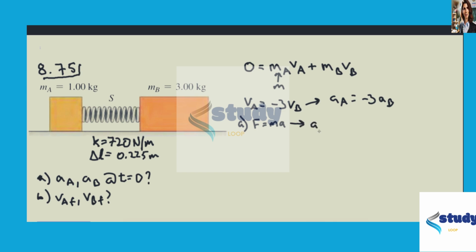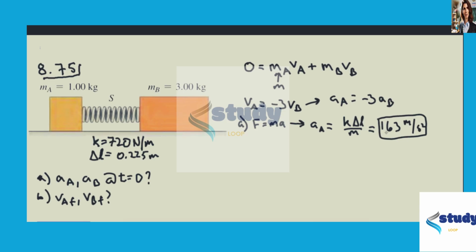So then the acceleration of A is going to be K times delta L divided by M, which remember this is 1 kilogram. And this is 163 meters per second squared.